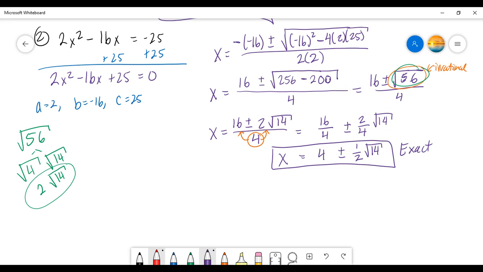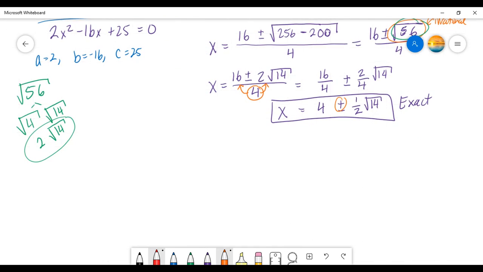Now it looks like there's just one solution, but really this plus and minus can break up into the two different solutions. So we can write it as one like that, or we can break it up into x equals 4 plus 1/2 rad 14 and x equals 4 minus 1/2 rad 14.